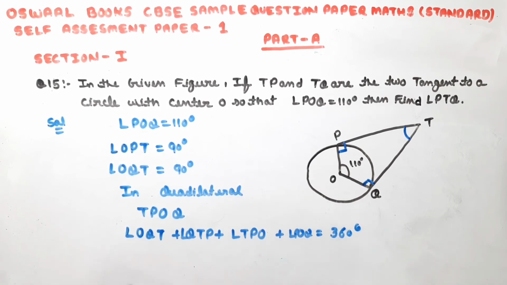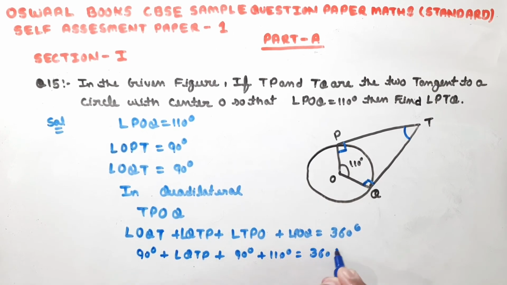Putting values here, OQT or TQO is 90 degrees. QTP, we have to find QTP or PTQ, plus angle TPO is 90 degrees and angle POQ is 110 degrees, that is equal to 360.